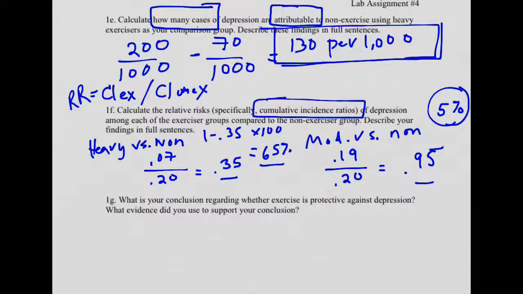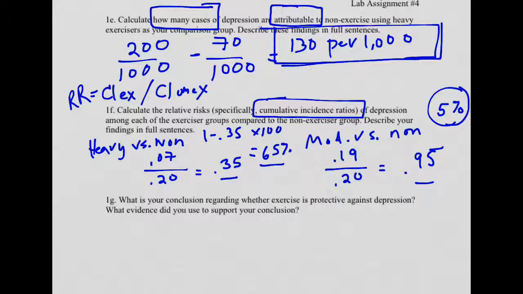So what's our conclusion regarding exercise and whether it's protective against depression? In this case, I would say that yes, it appears exercise is protective against depression. Specifically, women who were heavy exercisers got the most protective benefits. Remember, the heavy exercisers had a reduced risk of depression of about 65%.